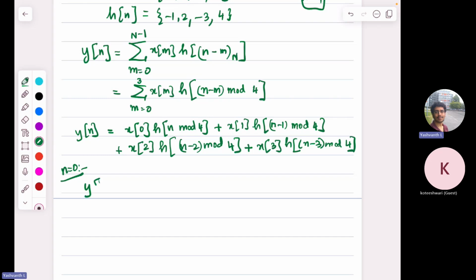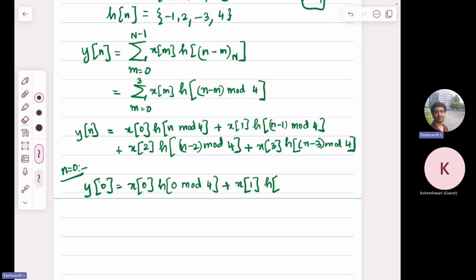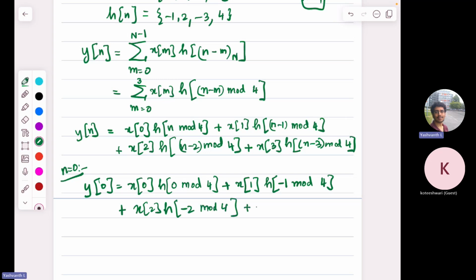So your y of 0 will be nothing but x of 0 into h of 0 mod 4, plus x of 1 into h of 0 minus 1 is -1 mod 4, plus x of 2 into h of 0 minus 2 is -2 mod 4, plus x of 3 into h of -3 mod 4.